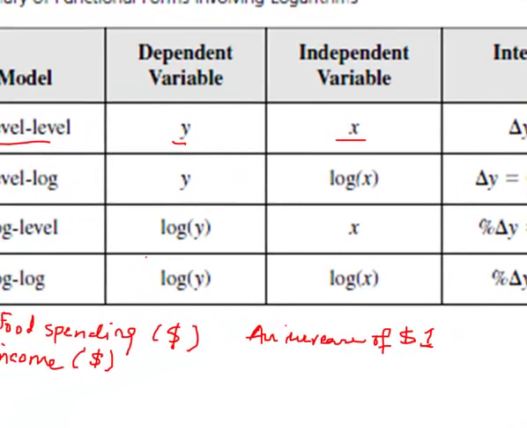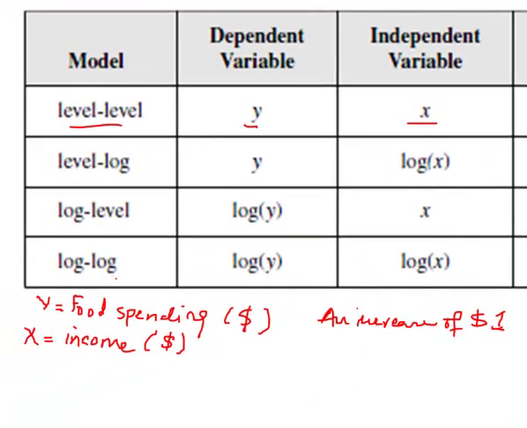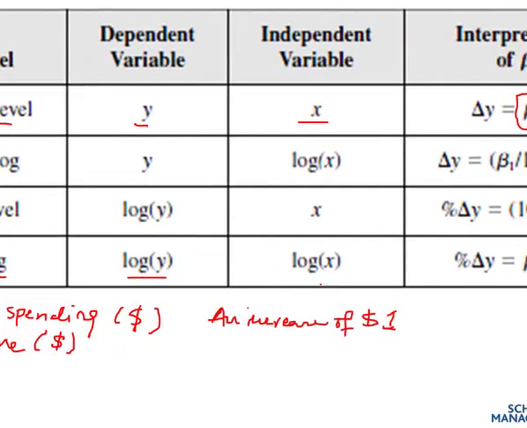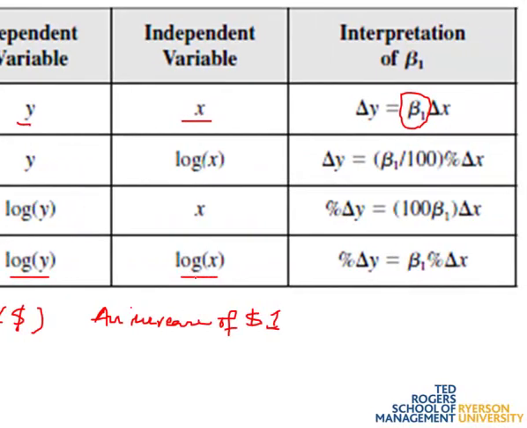And for that, I'll bring you to the fourth one, where you take the natural logarithm of both dependent and explanatory variables. So y being the food spending, take the log of that, and then take the natural logarithm of income, and then when you compute the model, you get a coefficient which is beta 1, and this coefficient is basically elasticity.